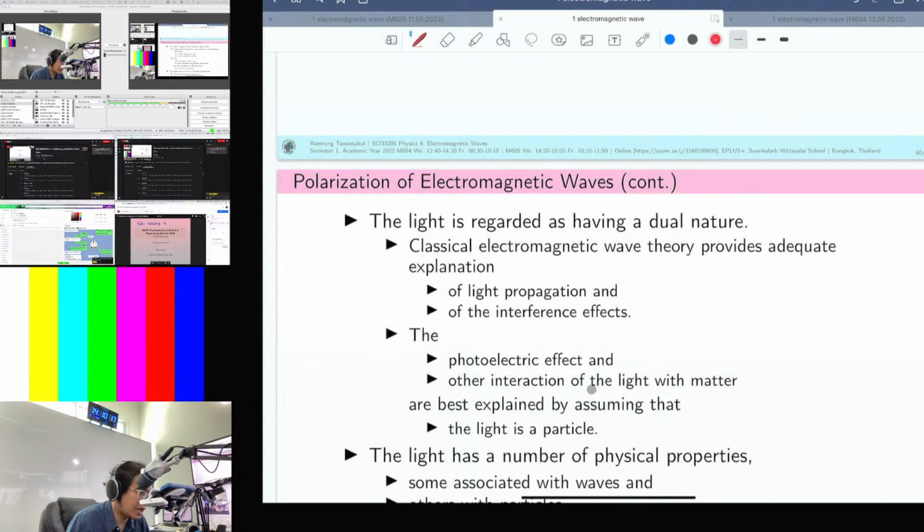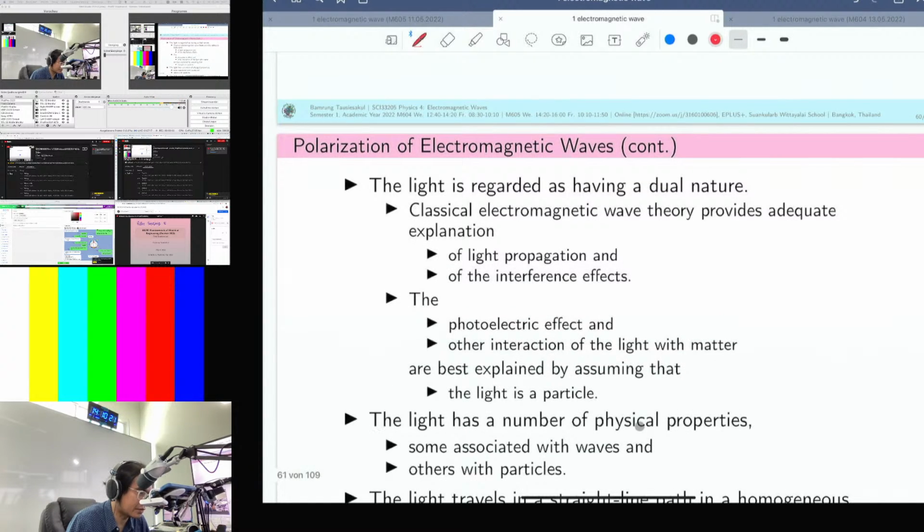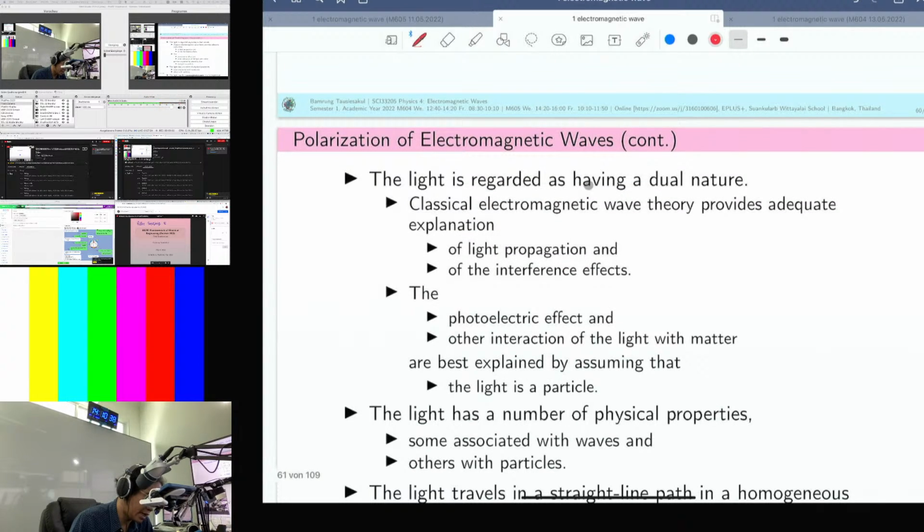Other interactions of the light with matter are best explained by assuming that the light is a particle. Once the light has some interaction with other matter, we would consider the light as a particle, and that's why they say light has dual nature, has two natures.